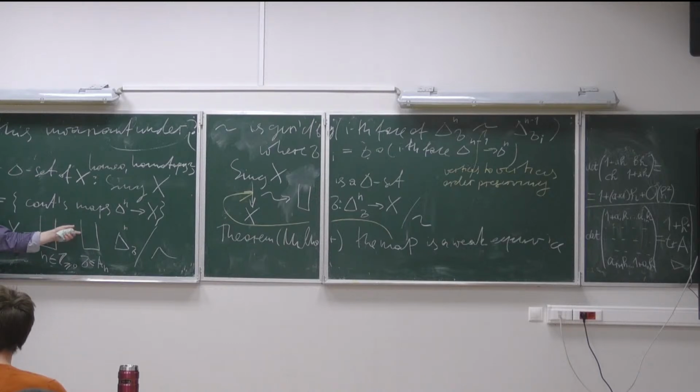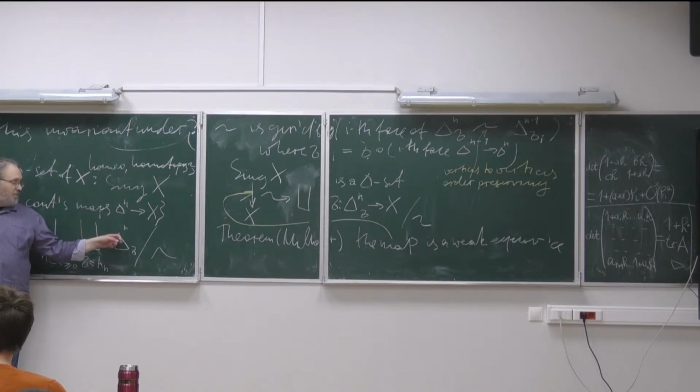let's introduce a metric on each of those simplices. We have two subsets of the disjoint union. They do not intersect.